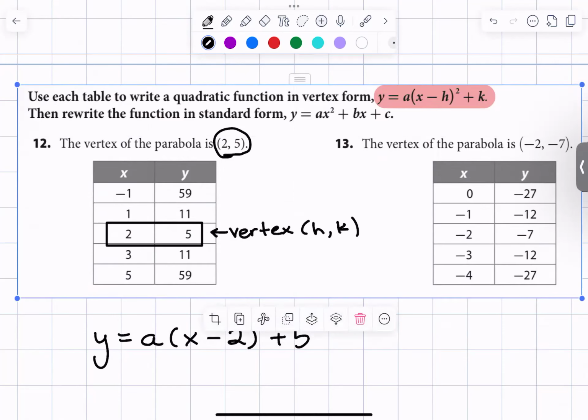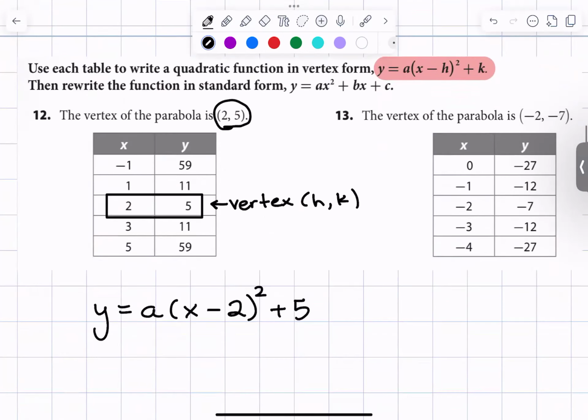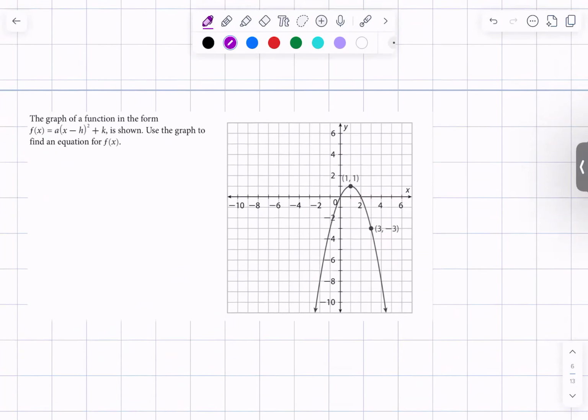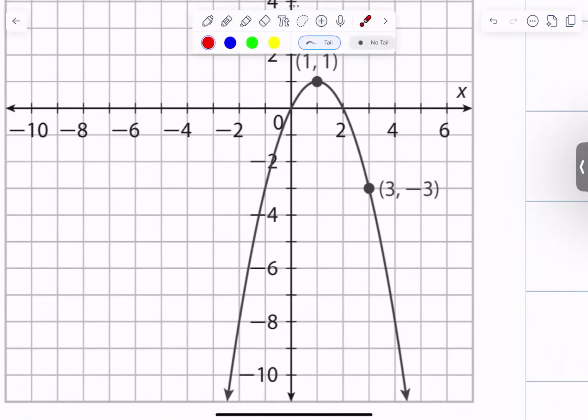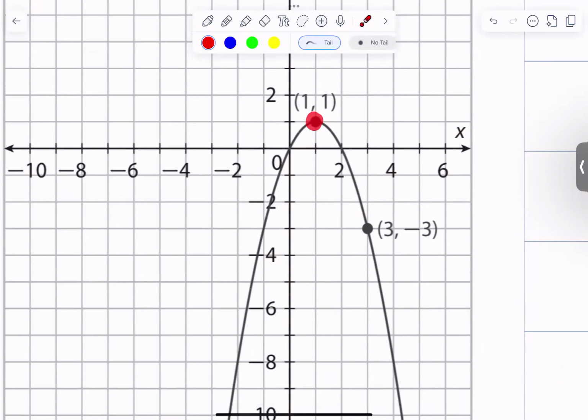And now, all of these guys, all the other points that I have, what do those represent? Those represent other points along my parabola. So for example, if I scroll down to my other one, this is a graph of a parabola, right? Here is my h comma k, right?